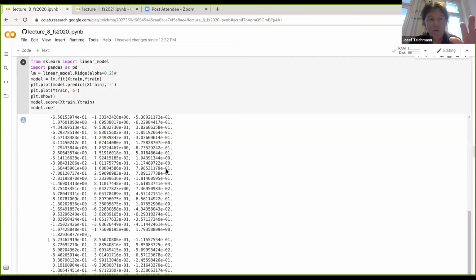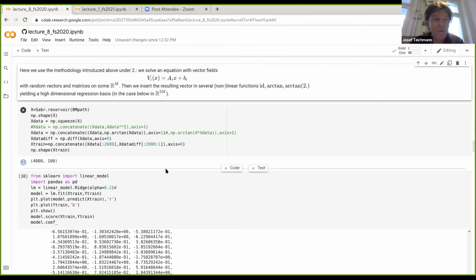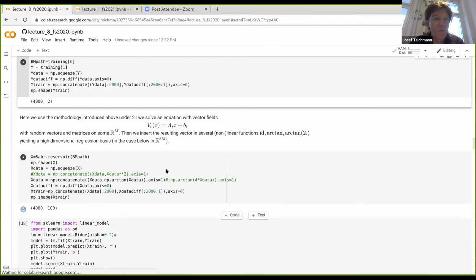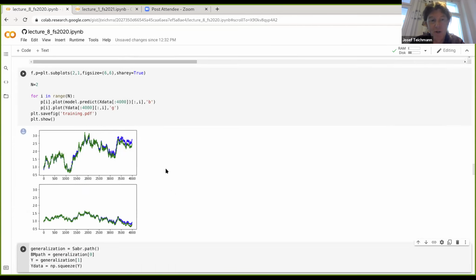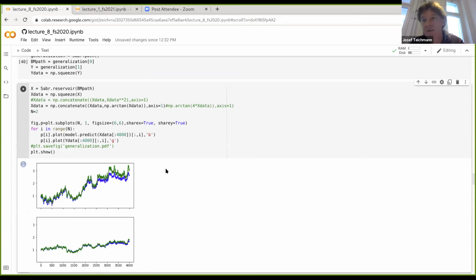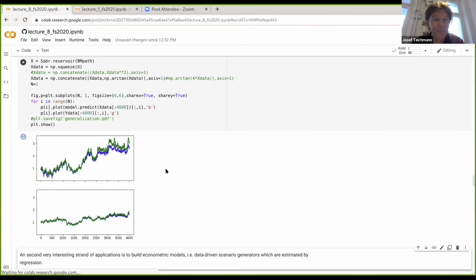So the regression coefficients are all of similar orders of magnitude. What is the dimension of the reservoir here? This is a 100-dimensional reservoir, and it still works quite well, even though from a signature point of view, you would rather need something infinite dimensional here.